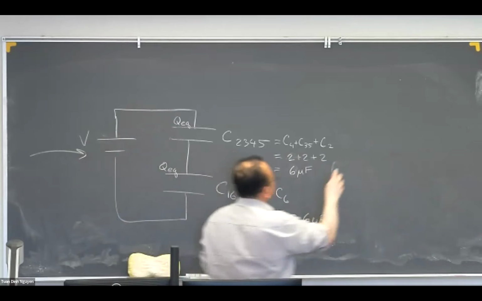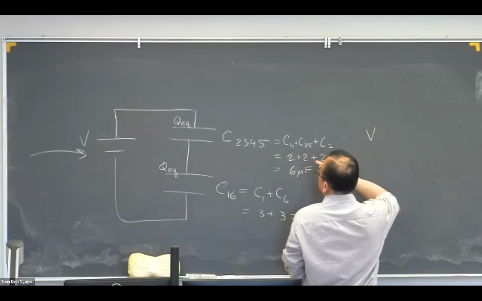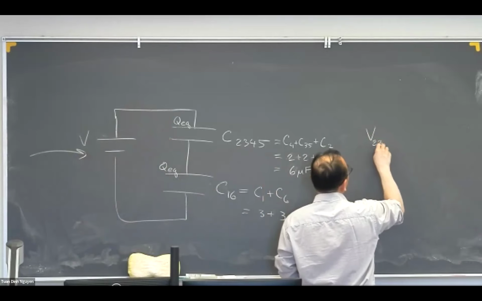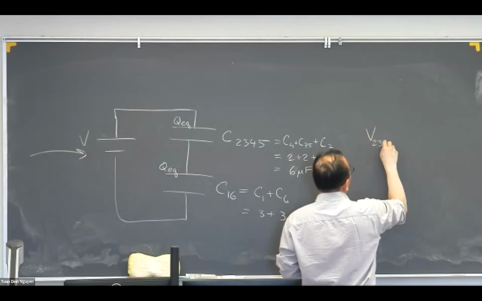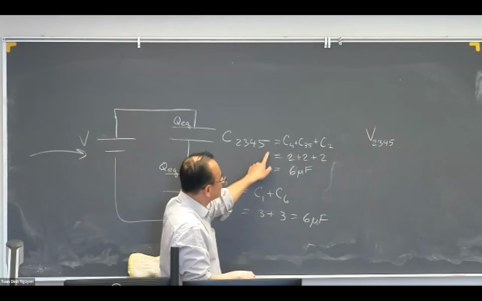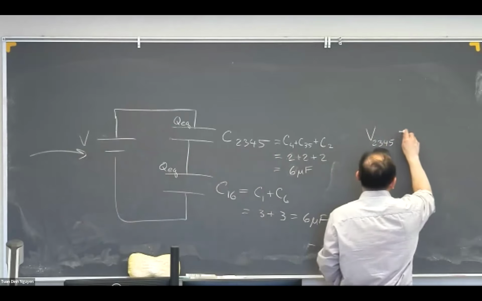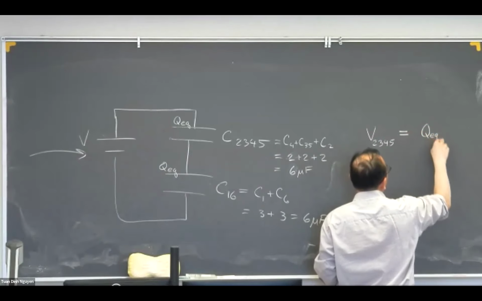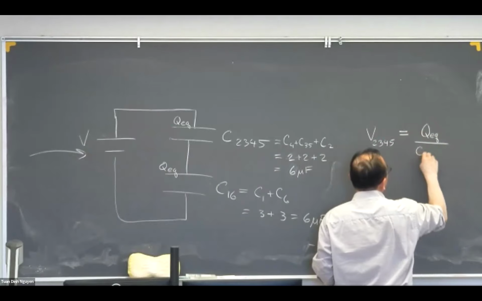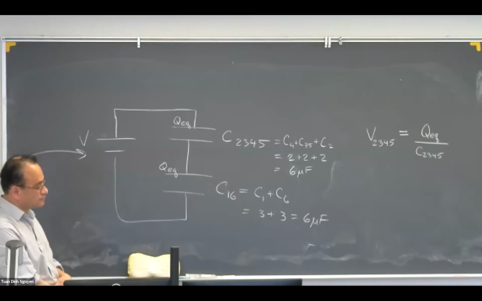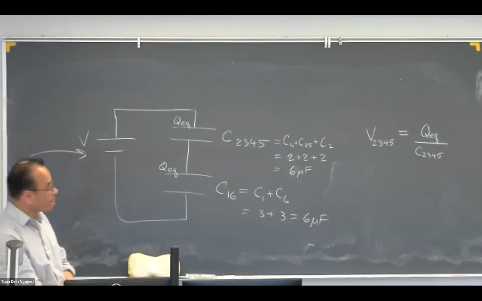So V2345 is equal to Q equivalent over C2345.